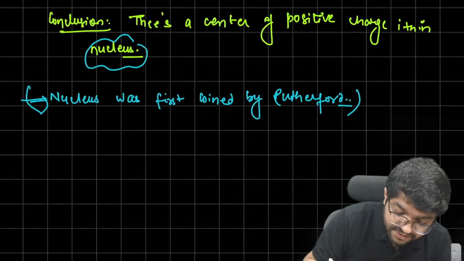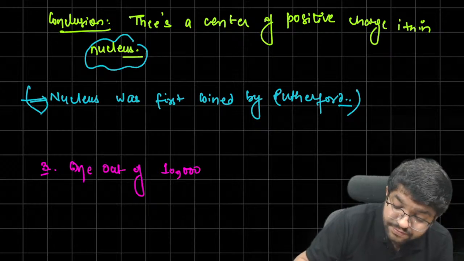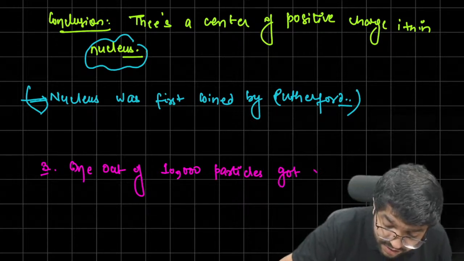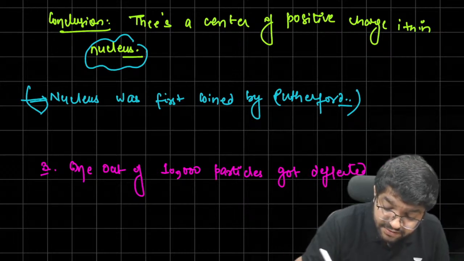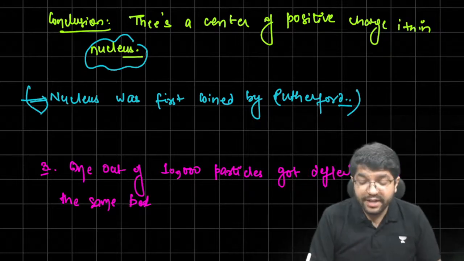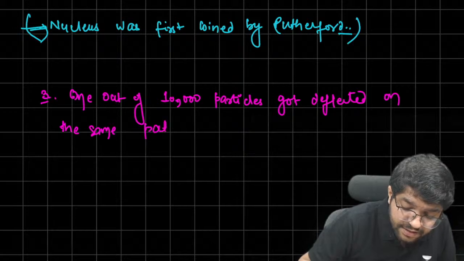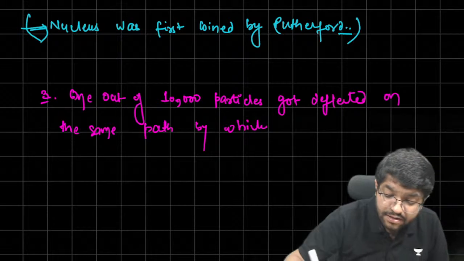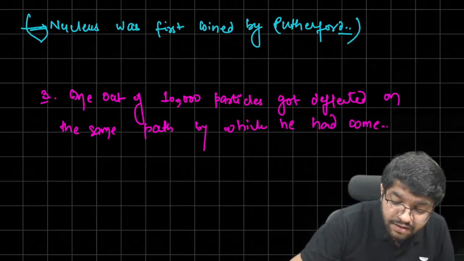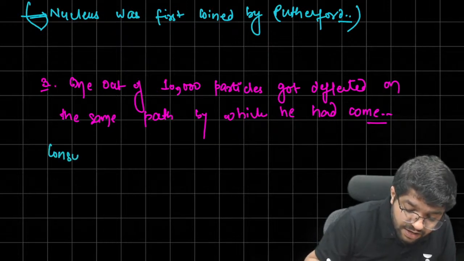The third observation is that 1 out of 10,000 particles got deflected on the same path by which it had come, and the conclusion is that the center of positive charge is very small and very dense.